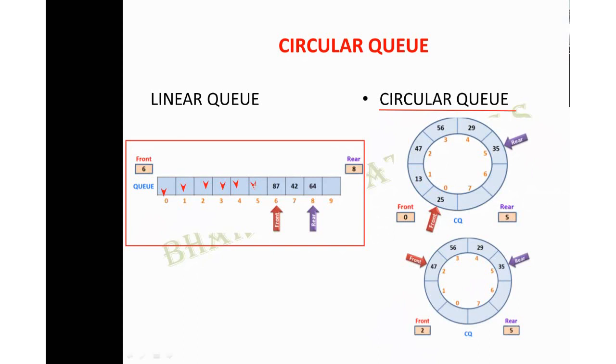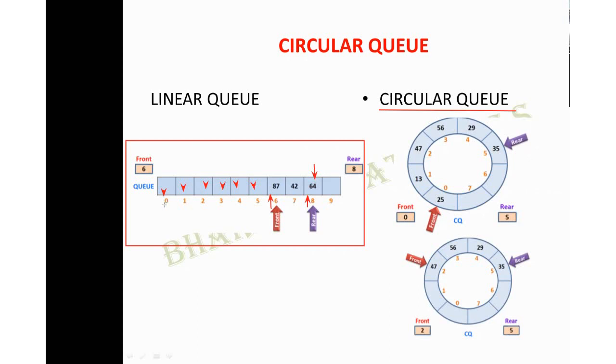Now see the position where your front is standing, and see the position where your rear is standing. So you have inserted the elements up to position number 8, starting from 0.